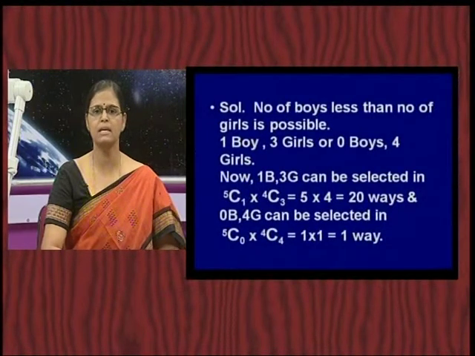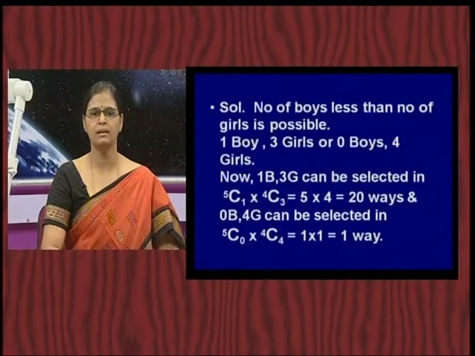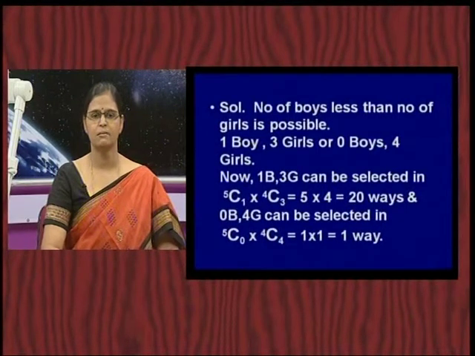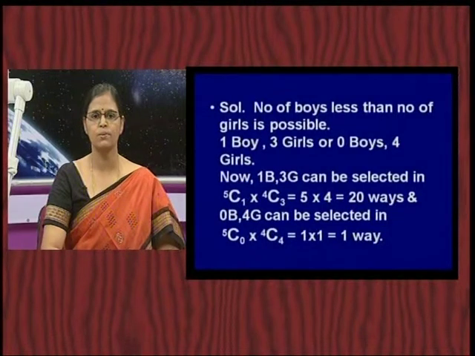Now, let us see in how many ways I can achieve 1 boy, 3 girls and 0 boys, 4 girls. Among 5 boys, I will have to select 1 boy. In how many ways can I do it? 5C1. Among 4 girls, I will have to select 3 girls. In how many ways can I do it? 4C3.